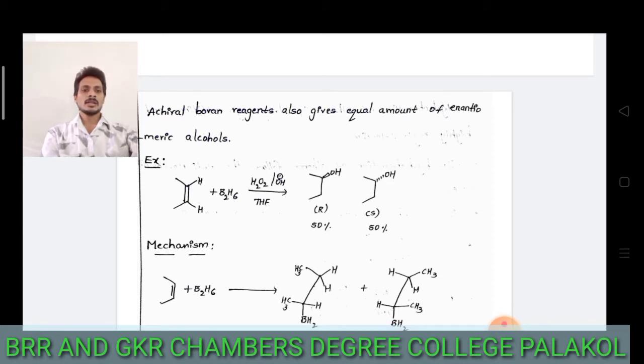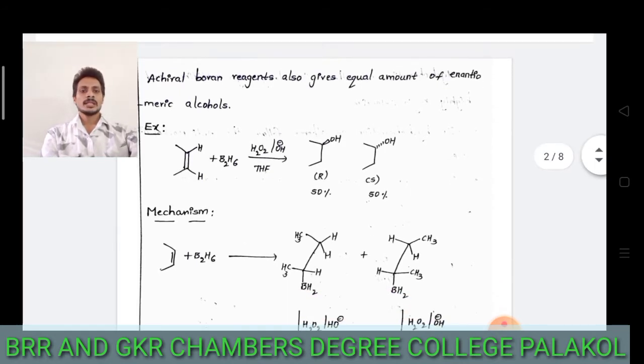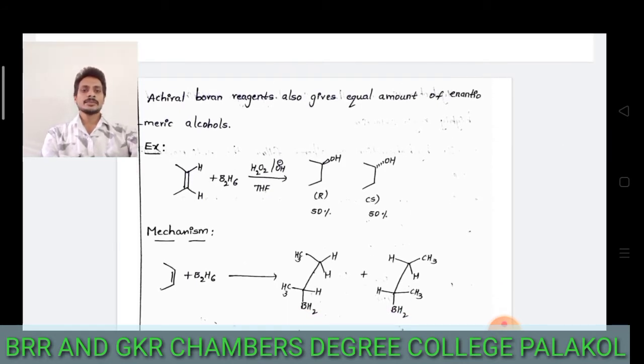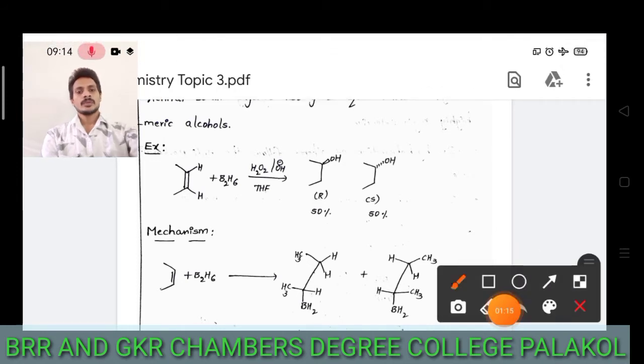Generally, alkenes are treated with boron hydrides in the presence of hydrogen peroxide and basic medium to give the corresponding alcohols. In this reaction, you are using an achiral boron. B2H6 is an achiral boron and is treated with an alkene system, either E alkene or Z alkene.